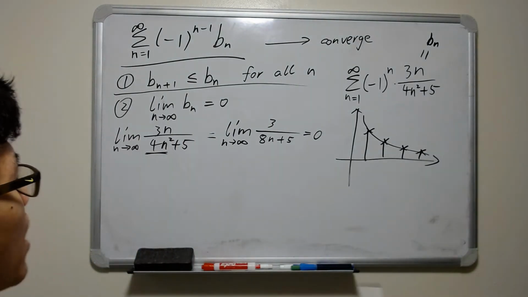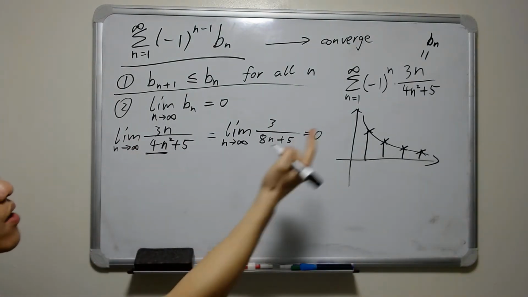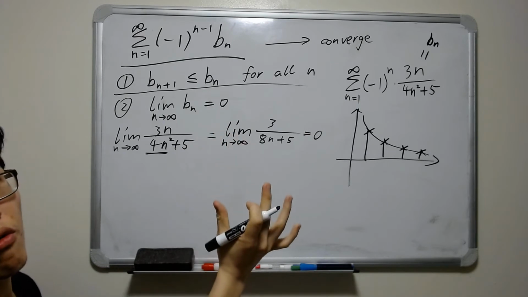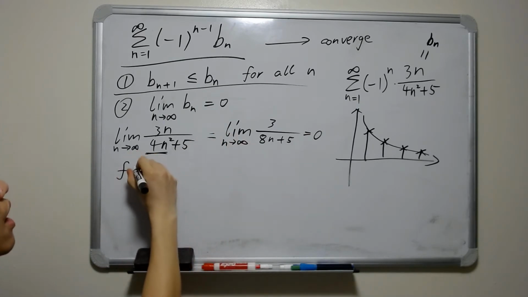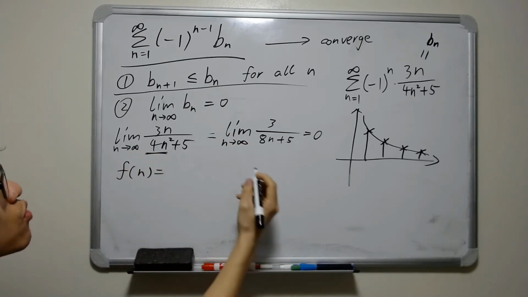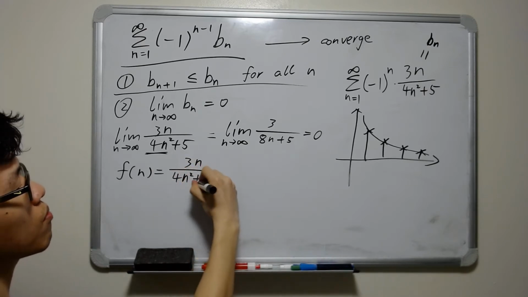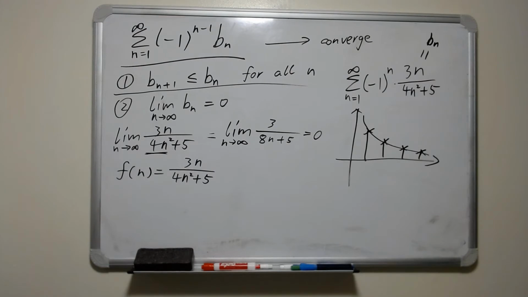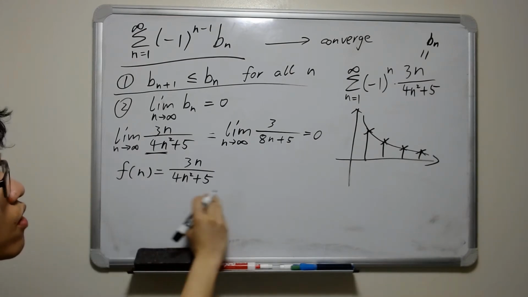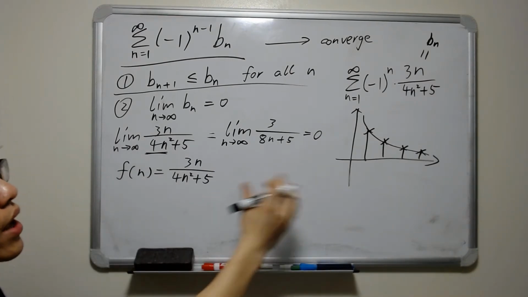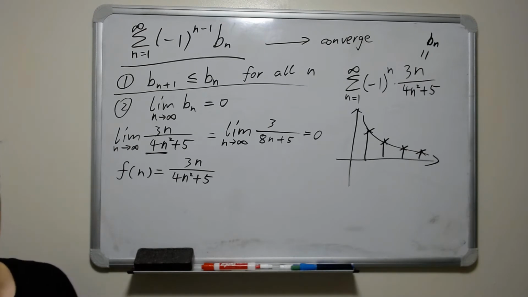So we can write b_n as a function of n. Like f(n) is a function of n, which is 3n over 4n squared plus 5. If we can show this function is decreasing for any positive number, then we can say b_n is decreasing.